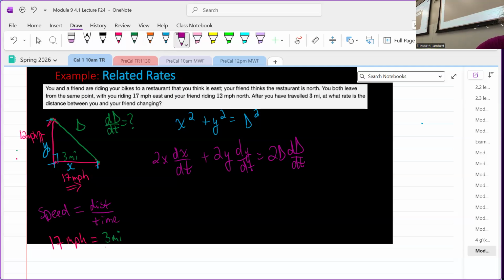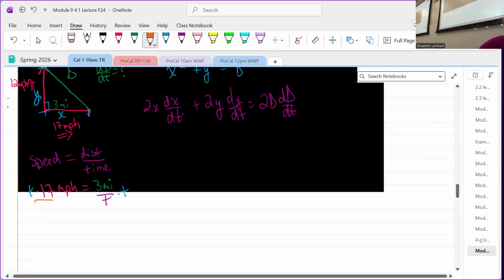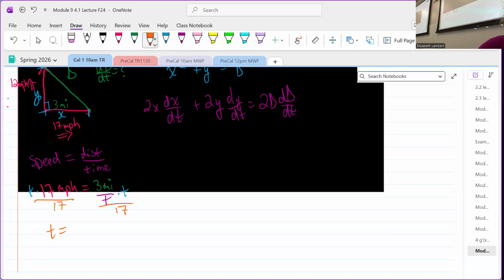And then my time is what I want to solve for. So we multiply both sides by t, and I end up with t times 17 on the left. Then I also divide by 17. So I have t equals 3 over 17. And the miles will cancel out, and we're left with per hour, which becomes hours. So our time is 3/17 of an hour.